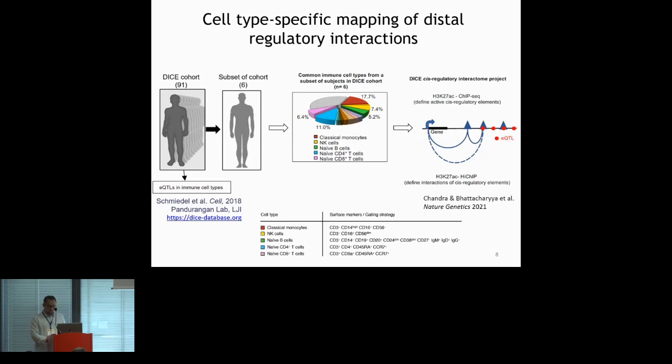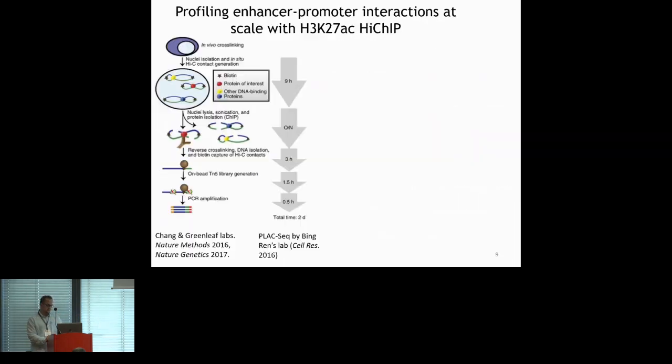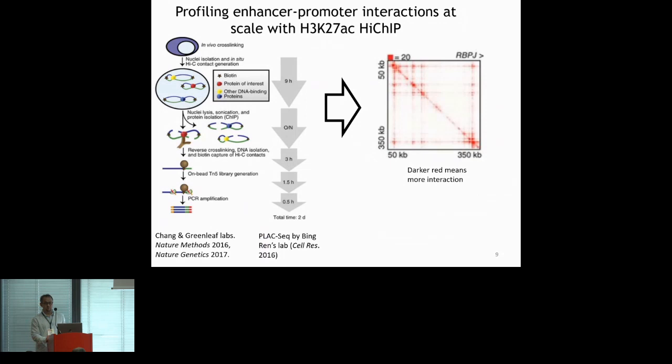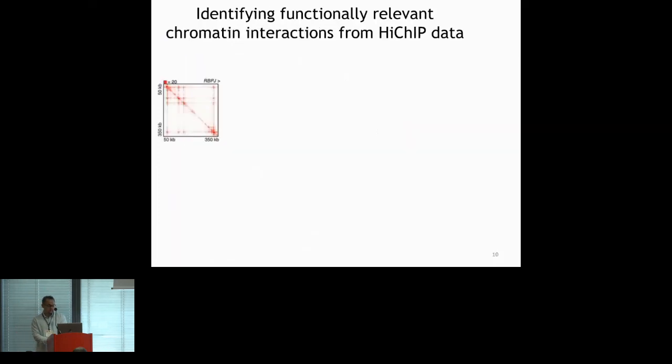Again, that's work parallel to what Mikhail did many years ago, where we looked at 5 different immune cell types, used a variant of Hi-C called HiChIP, and mapped chromatin interactions for those cell types, where we also had a matching cohort of eQTLs, as Mikhail mentioned, expression quantitative trait loci. We had about 100 donors. The HiChIP data we had from only 6 donors because it's expensive.